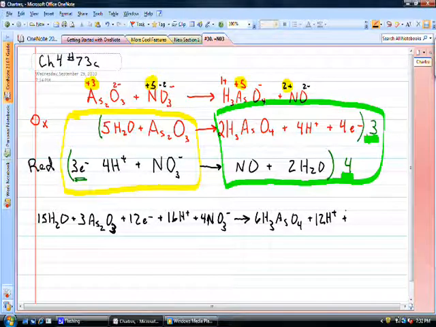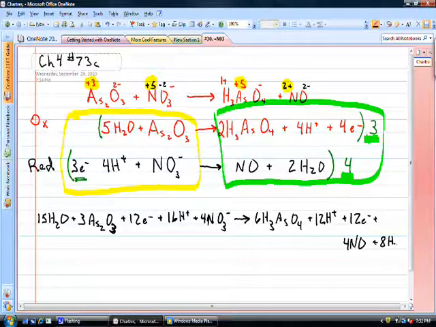And we have the 12 electrons, of course. Running out of room, I'm just going to start writing down below here in a moment. We have NO. We have 4 of those, 4 NO. And we have 8 waters.